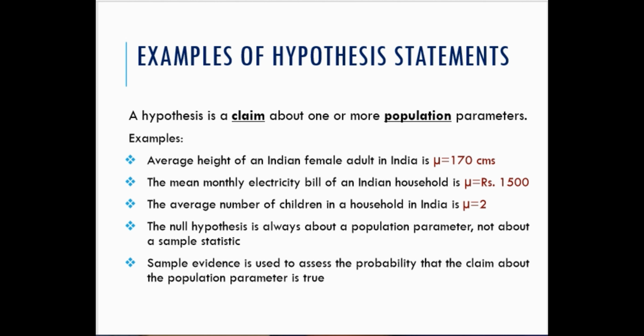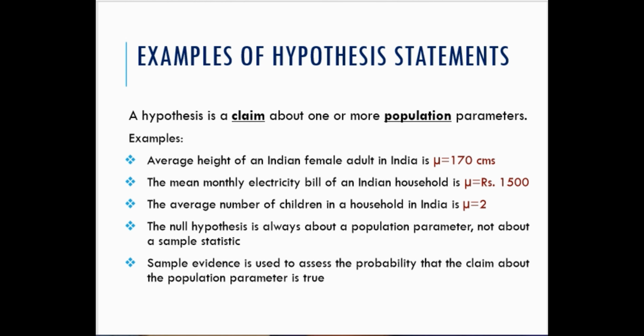So these are all null hypotheses, or statements that you are making, and you have to collect data. The null hypothesis, as I said, is always about a population parameter. It is not about the sample statistic. And sample evidence is used to assess the probability that the claim about the population parameter is true.